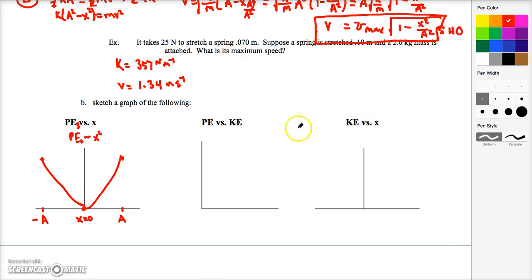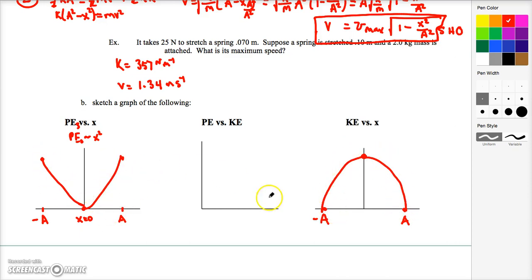And then I'm going to jump right over to here. So basically we know that when the elastic potential energy is at a minimum, the kinetic energy is at a maximum, and vice versa: when the elastic potential energy is at a maximum, at a and minus a, the kinetic energy is at a minimum. So I get basically an upside down parabola, also known as a sad parabola.